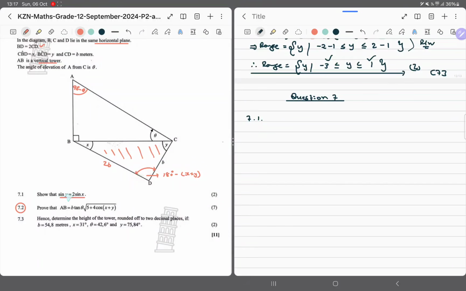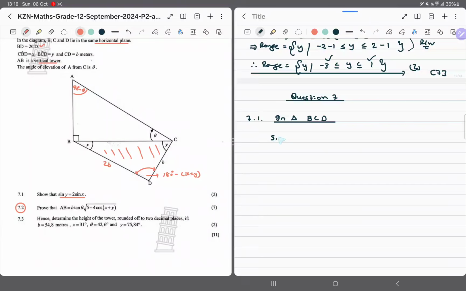So we know that we want sine y, so we can just write, in triangle BCD, what do we see there?